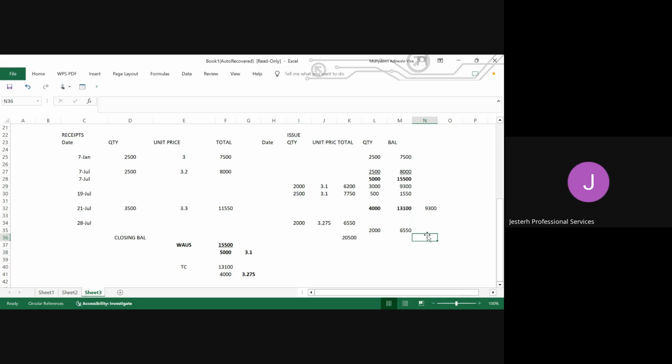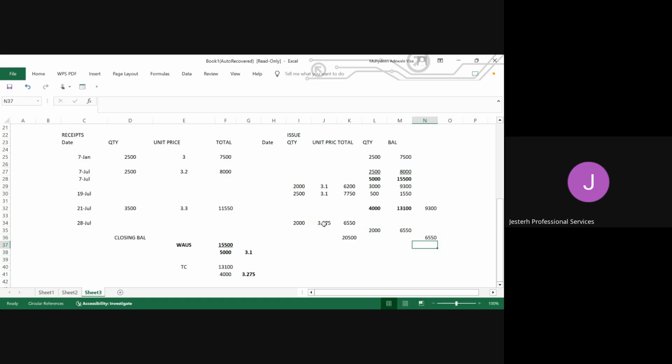And then you can also decide to use the second approach, which we are still going to get the same value. We said we have 2,000 left in the store. And then the current weighted average price that we determine to issue our products, we'll multiply it with the total inventory that we have, which is this.